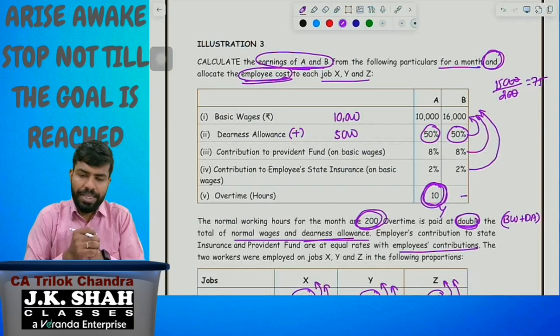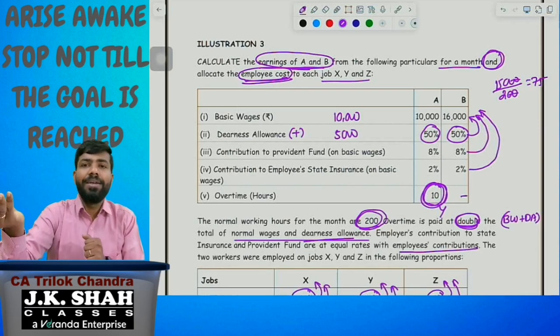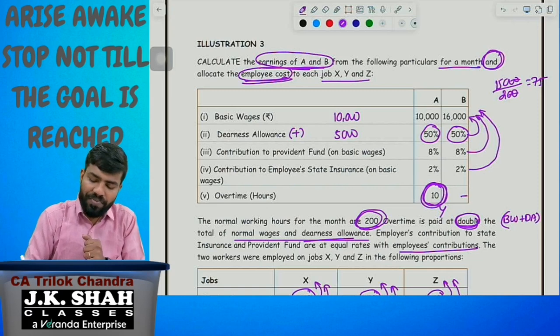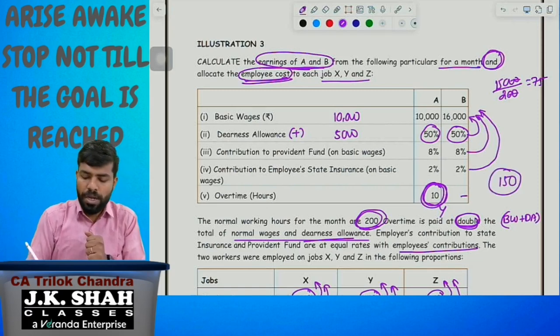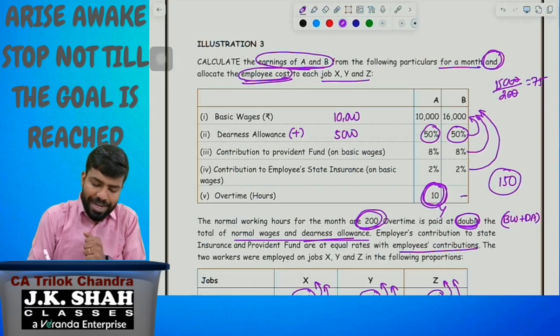They are going to pay double the normal rate. Double the normal rate, that is 75 into 2, 150 rupees. Now, how to calculate overtime wages? 150 rupees into 10, which equals 1,500.